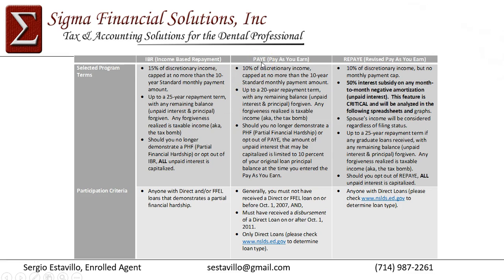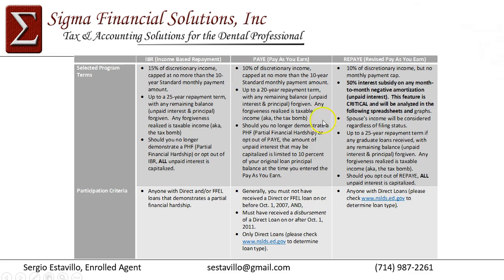Pay-as-you-earn is the most beneficial borrower program in terms of the income-driven repayment programs because of several reasons. One, it's 10% of discretionary income. Again, there is a cap that your payments would not exceed the 10-year standard monthly payment amount, even if your income is sufficiently high that it would otherwise go beyond that.